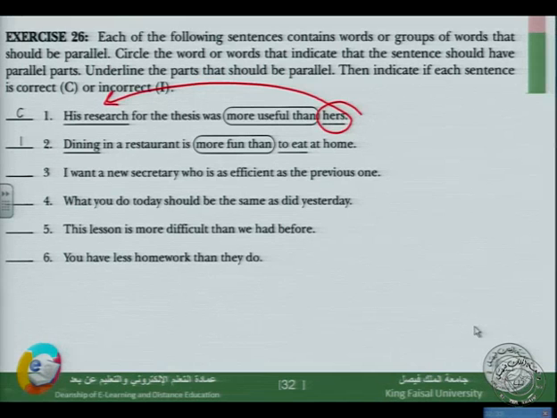But dining in a restaurant is more fun than to eat at home. This is a gerund and this is an infinitive. Either we say to dine in a restaurant is more fun than to eat at home, or dining in a restaurant is more fun than eating at home. In this case it will be correct.